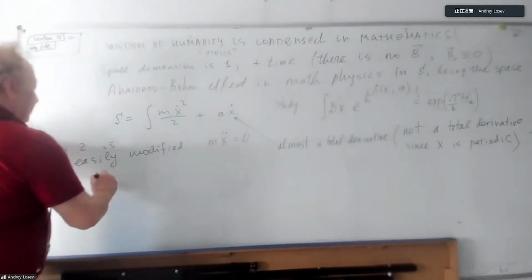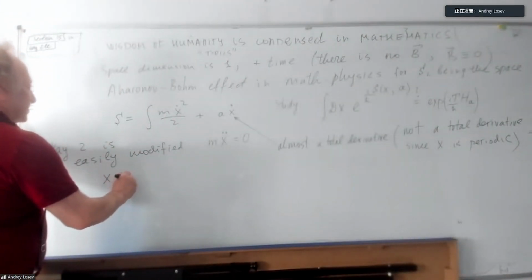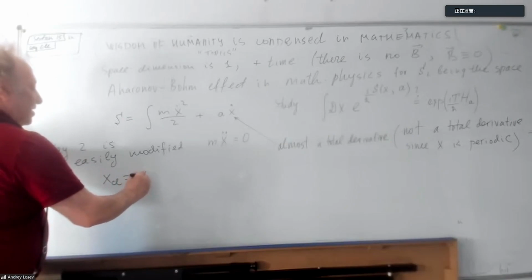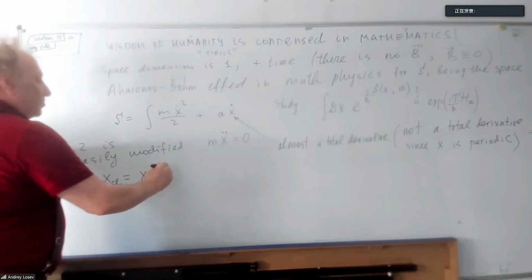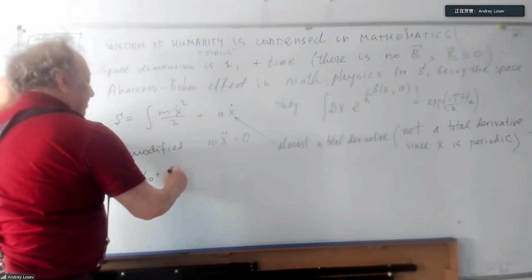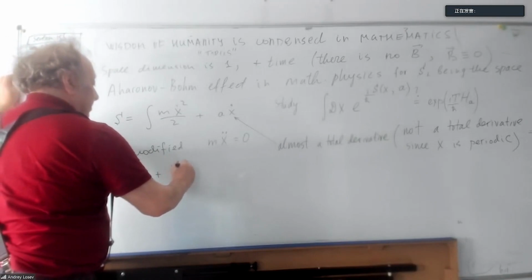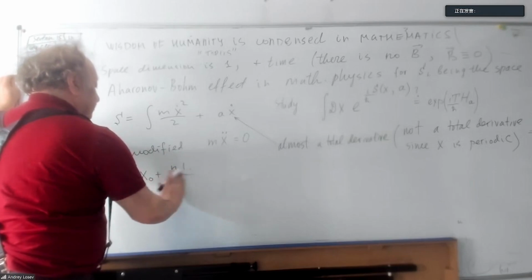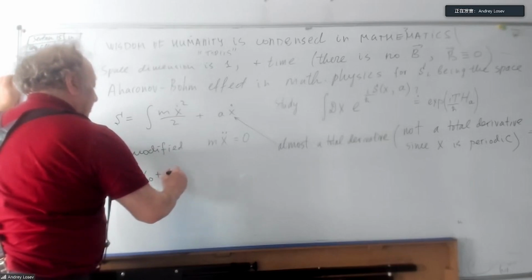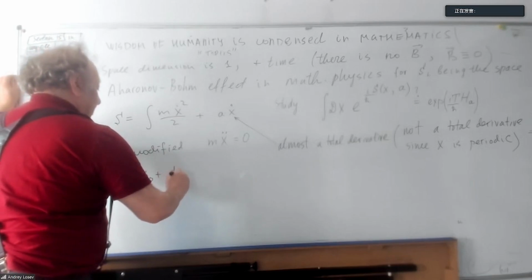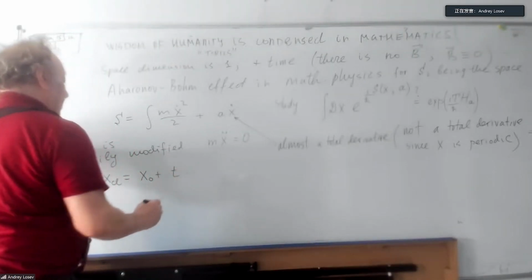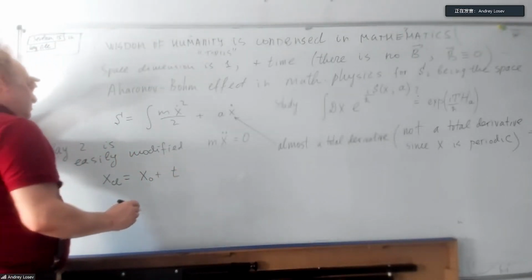Now, once again, we write x classical as x naught plus n L, plus, and here I have t, and here I have a velocity.